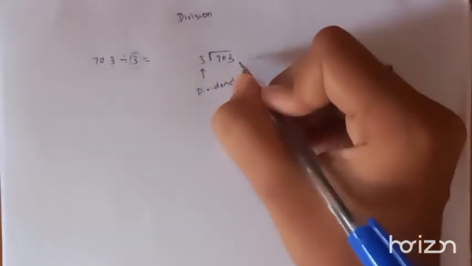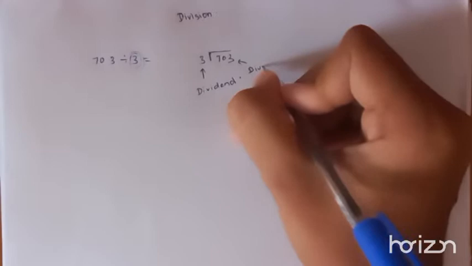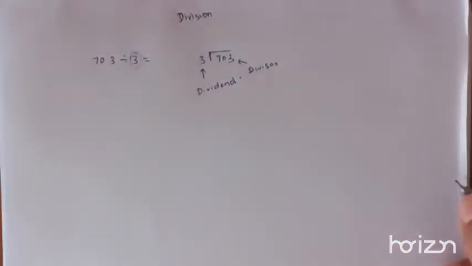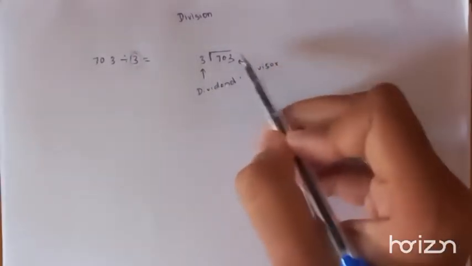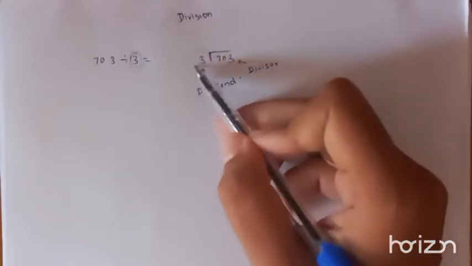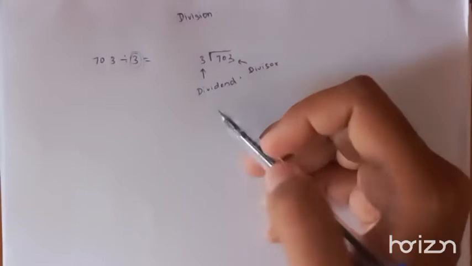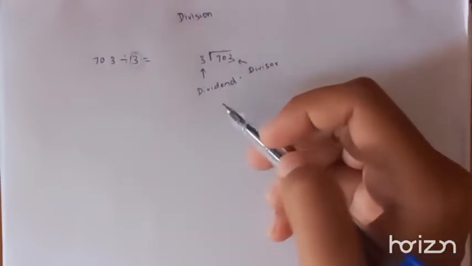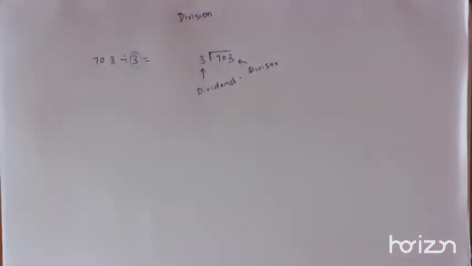This is called the dividend. And the number we are dividing by goes outside, and this is called the divisor. That is the number we're dividing by. So this is how we write down the bus stop method.